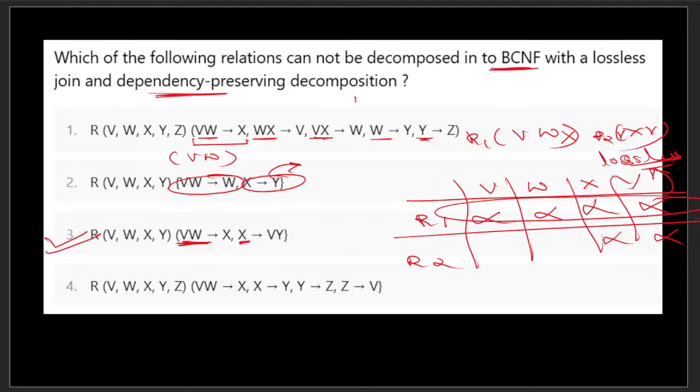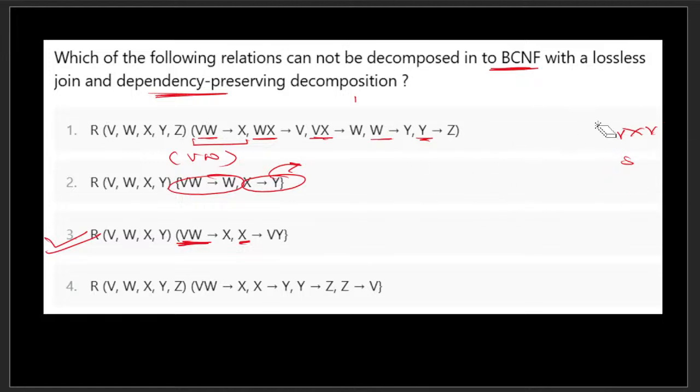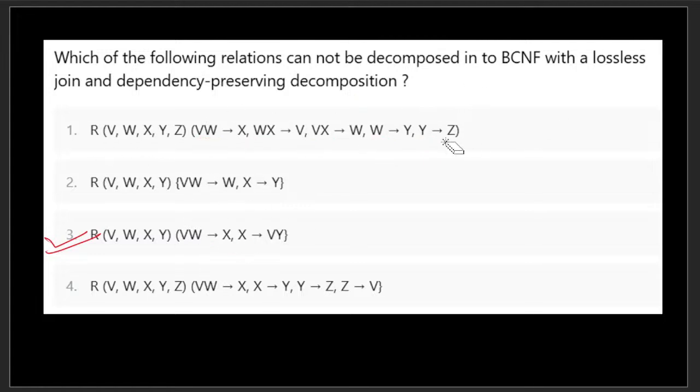So you can make this. But the third option is not the proper one. If you have any doubt in this question, you can ask me now. So 3 is the correct answer in this case.